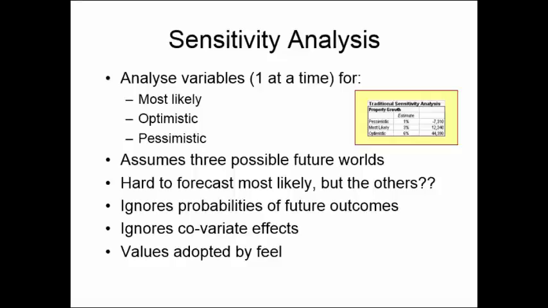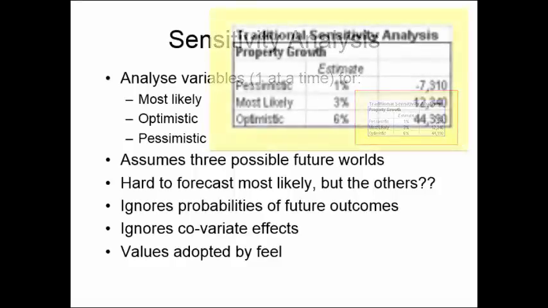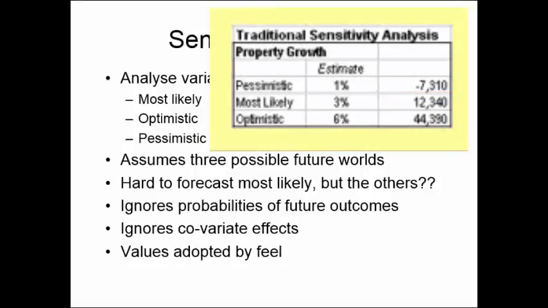And so the habit developed of analysing the key variables one at a time for 3 values. The most likely value was the forecast value, but then either side of this most likely value, analysts considered the most optimistic possibility for the variable, in other words its movement in a realistic direction that would give a better investment result, and also a pessimistic direction, which was the adverse change in the value of the variable about as far as the analyst thought it was likely for it to possibly go.